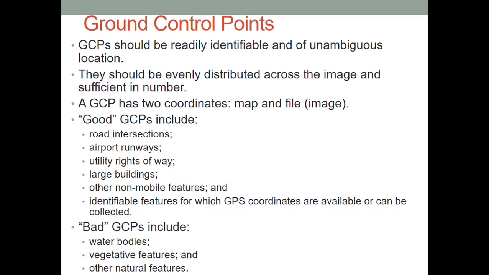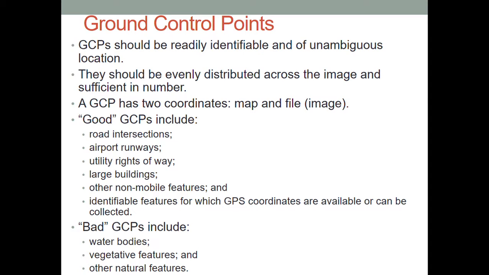So good GCPs include any physical features that can be easily determined. They will not change in a short time, and you are familiar with them. Meaning to say, it's quite obvious. It's not something that only you know. Everybody can detect it. Examples are road intersections, airport runways, utility rights-of-way, and large non-mobile buildings.